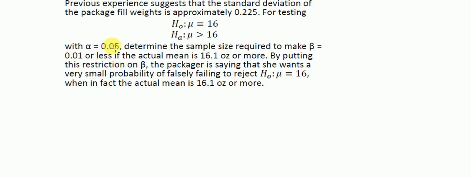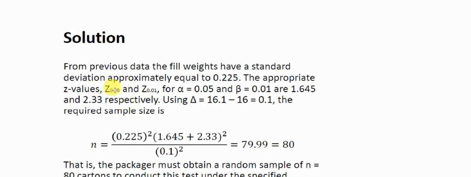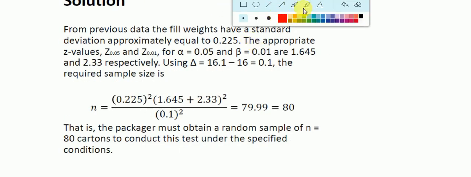So let's see how we calculate Z alpha for alpha equal to 0.05. You'll start by subtracting 0.05 from 0.5, and this comes out to be 0.45.